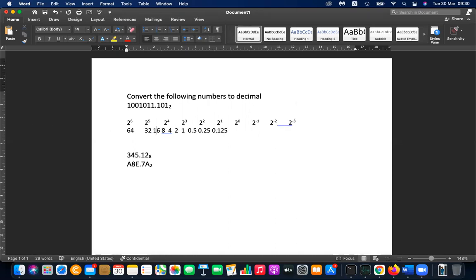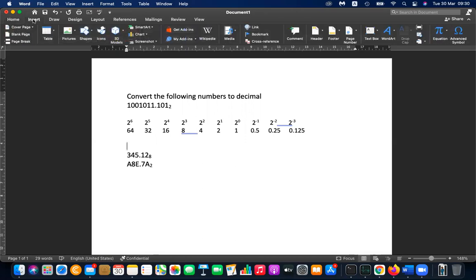Same here. These are the values. Now you have the numbers and the positional values. Now what you have to do is multiply them, and let's point the values.